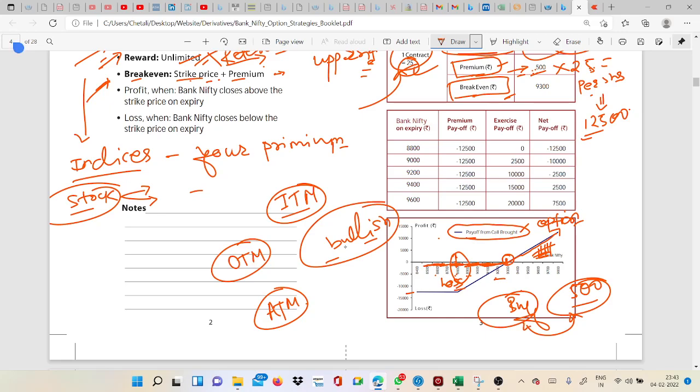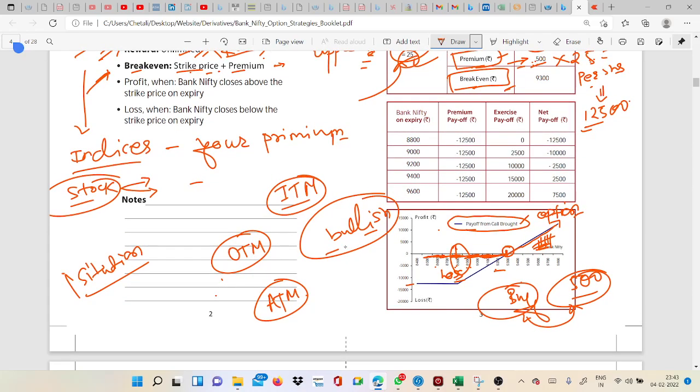Okay, so what is this exactly, OTM, ITM or ATM? There are situations which will help to evaluate the contract's position, whether you are in a profit or not.